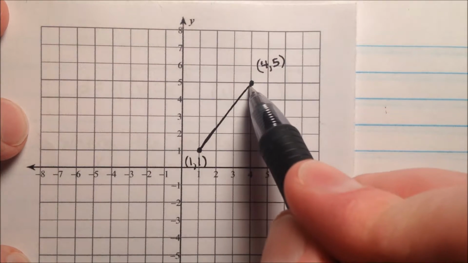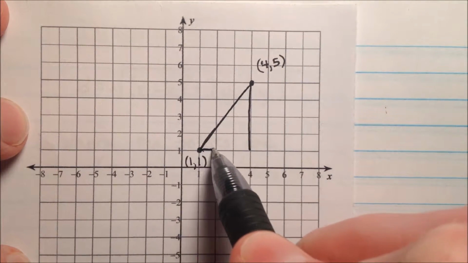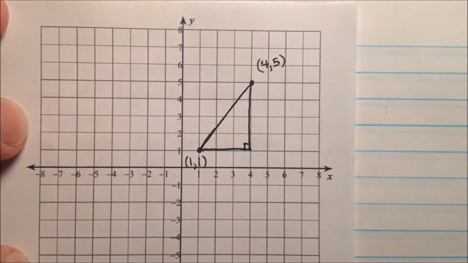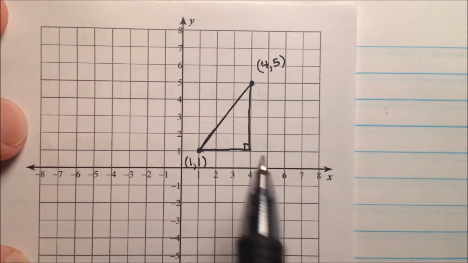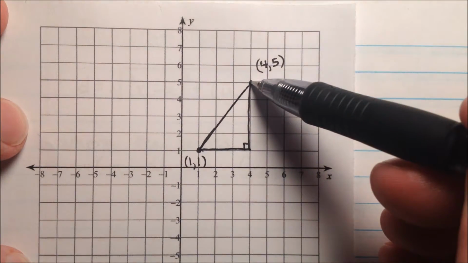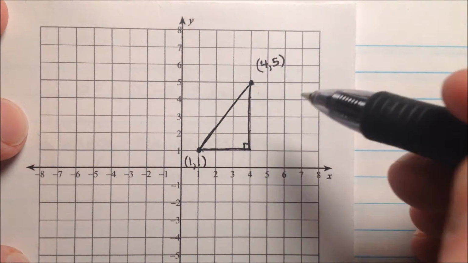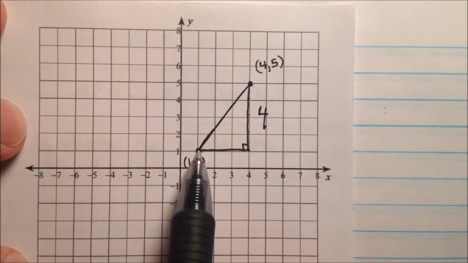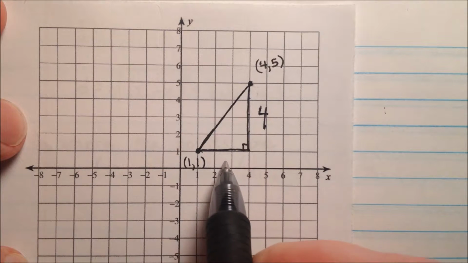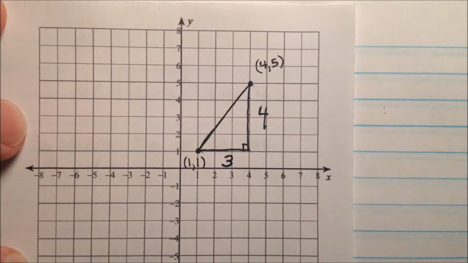But I can make a right triangle out of this by going down and going over and connecting these lines. Well, what's going to be the height of this right triangle, and what's going to be the base of this right triangle? Well, if I count, I go 1, 2, 3, 4, so my height will be 4 units. And when I count over 1, 2, 3, my base will be 3 units.